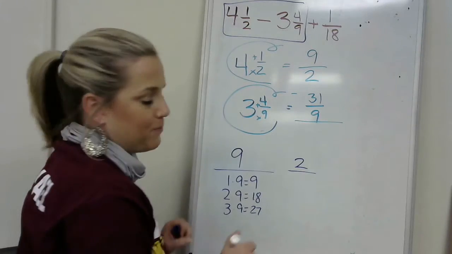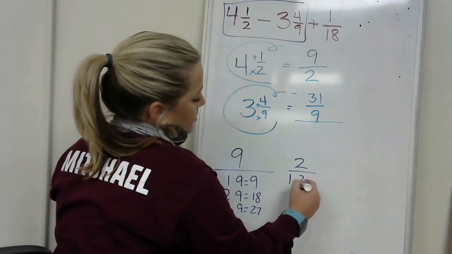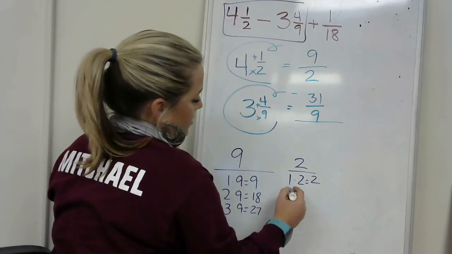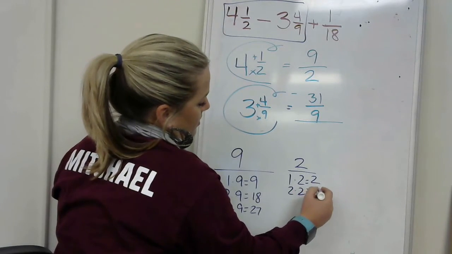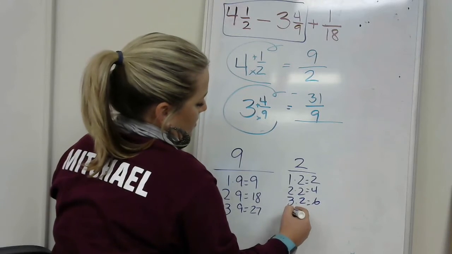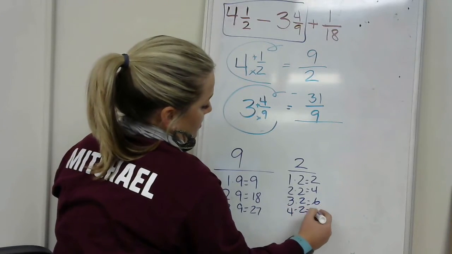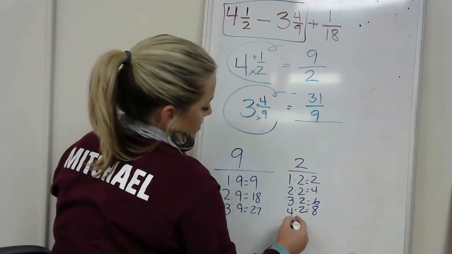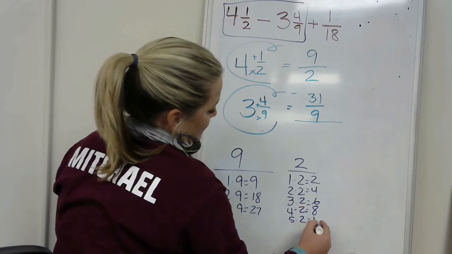Okay, so 1 times 2 is 2. 2 times 2 is 4. Nope. 3 times 2 is 6. Nope. 4 times 2 is 8. Nope. 5 times 2 is 10.